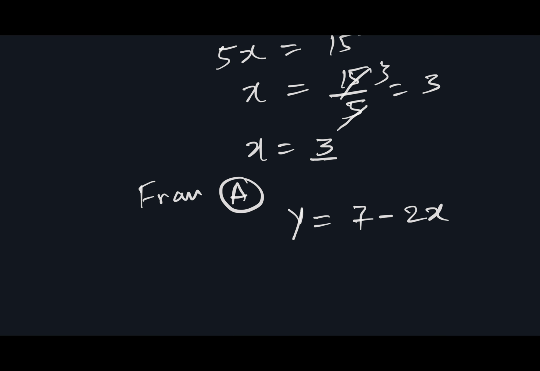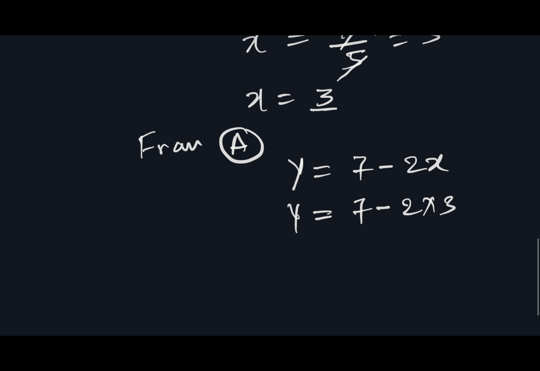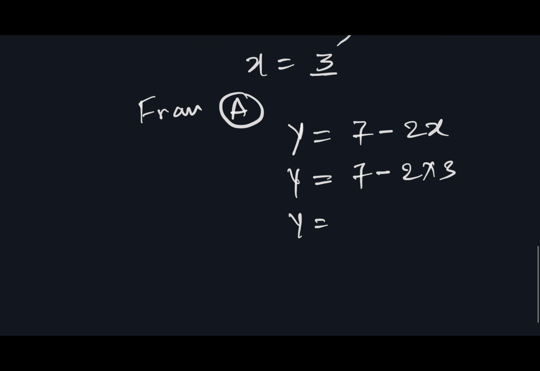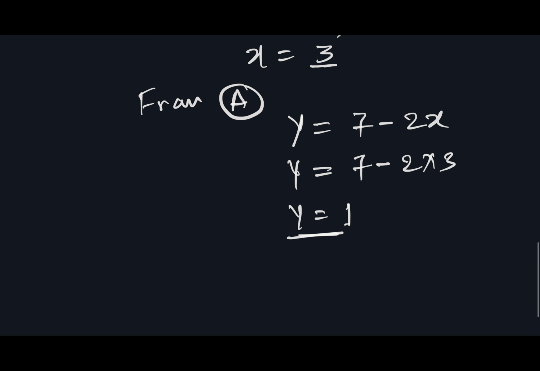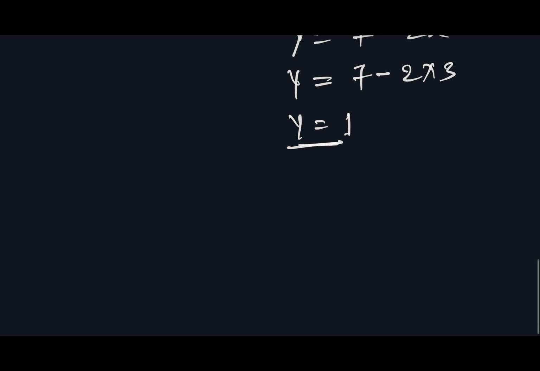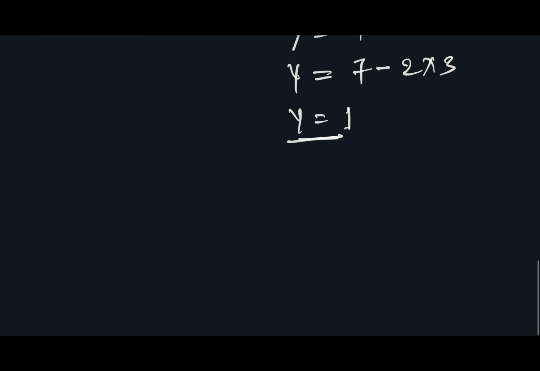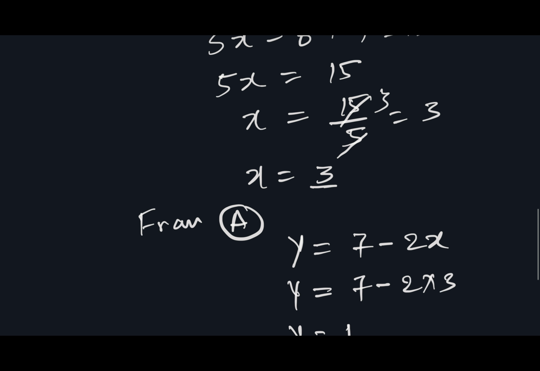Just put this value of x in here. Y is equal to 7 minus 2 into 3. If we simplify it, 3 multiplied by 2 is 6, and 7 minus 6 is equal to 1. So we get the value of y is equal to 1. We got a pair here: x and y is equal to 3 and 1.